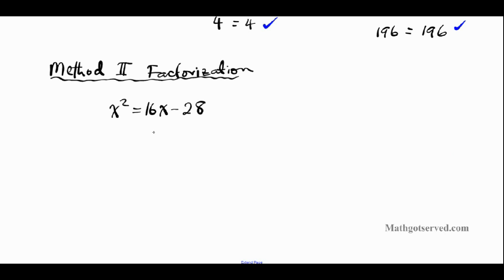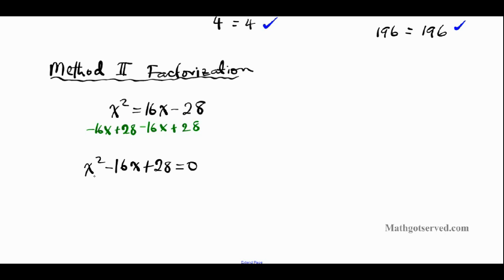Okay, so to accomplish that, we'll subtract 16x from both sides and add 28. Because when we put it in standard form, we can make use of the zero product property after factoring it. Okay, so we're going to have x squared minus 16x plus 28 equals 0. Okay, all right, now let's see. We have it in standard form.